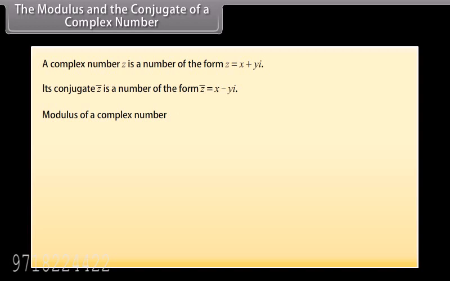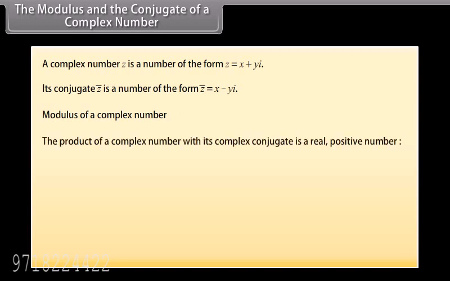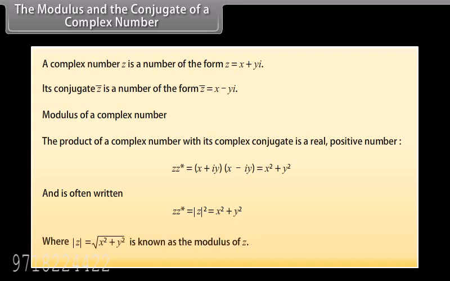Modulus of a complex number: the product of a complex number with its complex conjugate is a real positive number, that is, z into z bar is equal to x plus iota y into x minus iota y, is equal to x square plus y square, and is often written z into z bar is equal to square of modulus of z is equal to x square plus y square, where modulus of z is square root of x square plus y square.